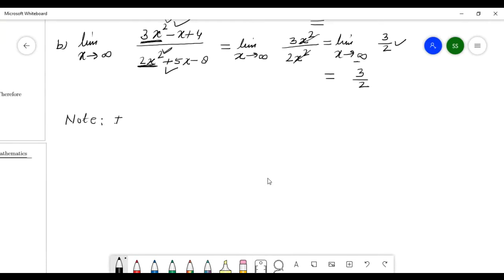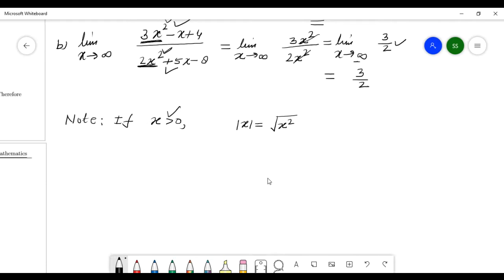If x is positive, then the modulus of x equals x.